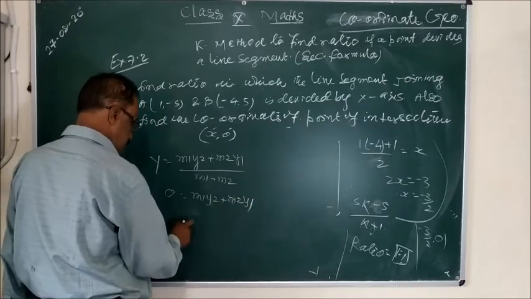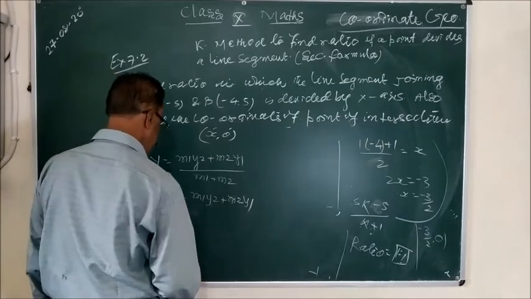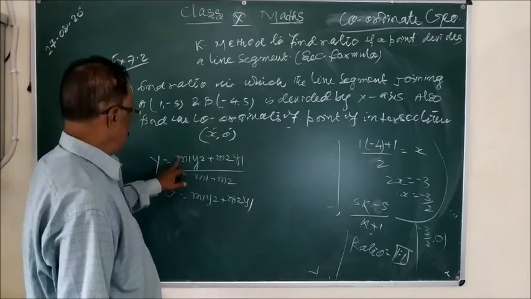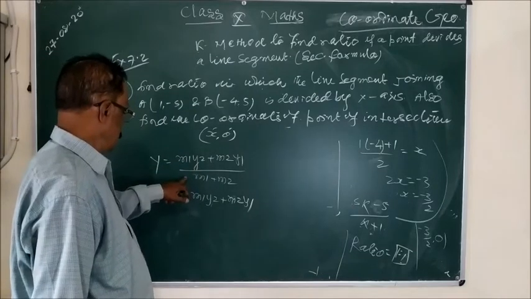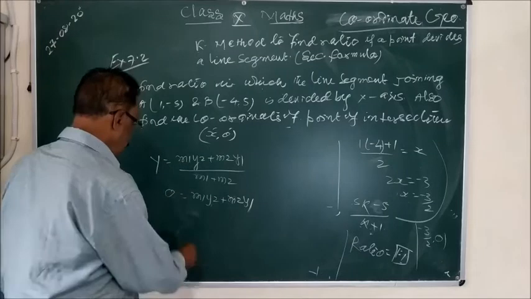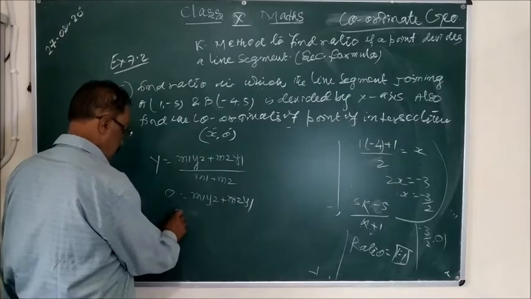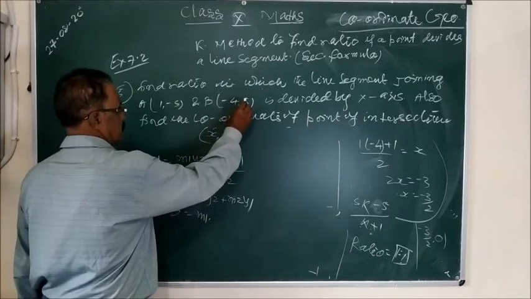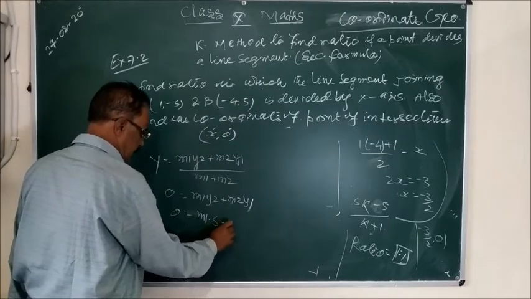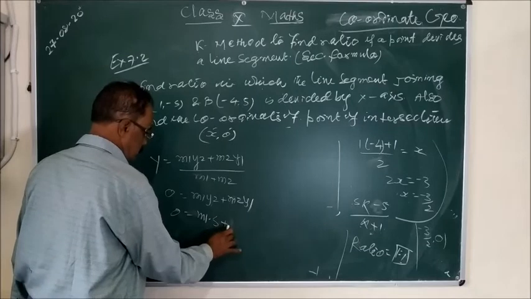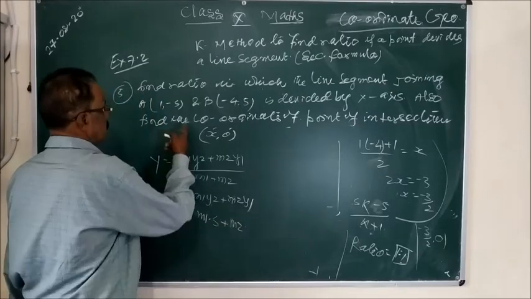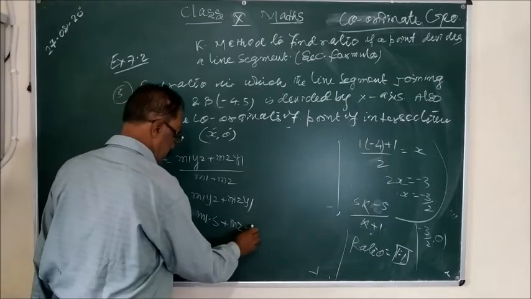Now you put the values. m1 y2, here y2 is 5, plus m2 y1, here y1 is minus 5.